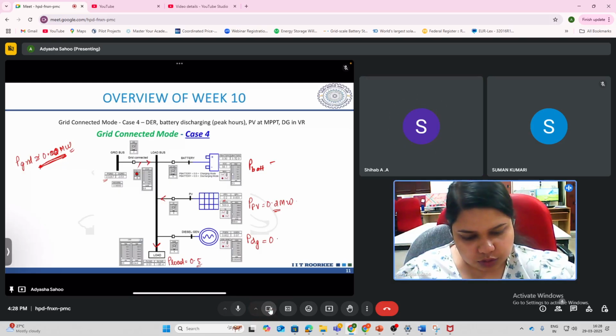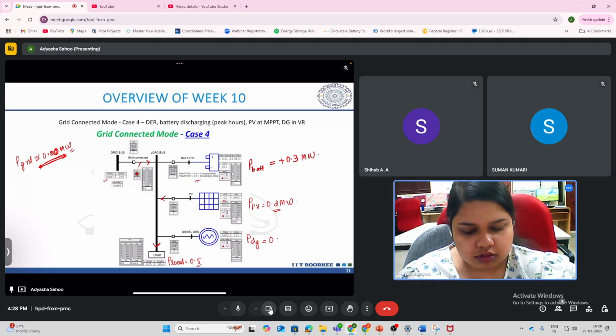Yes, and it is positive, right? So plus 0.3 megawatt, and it is discharging.